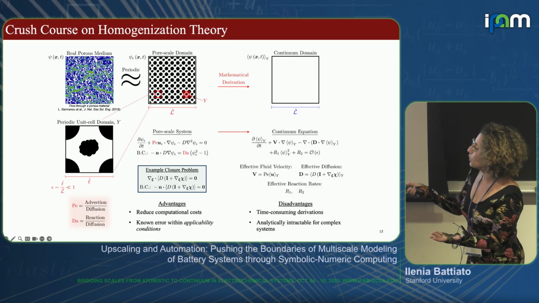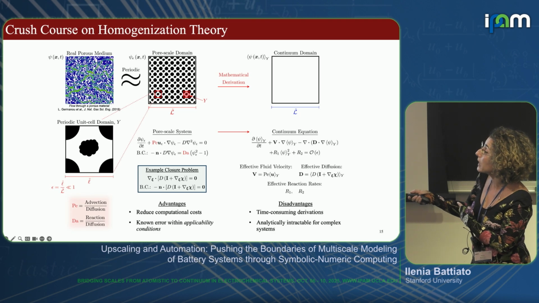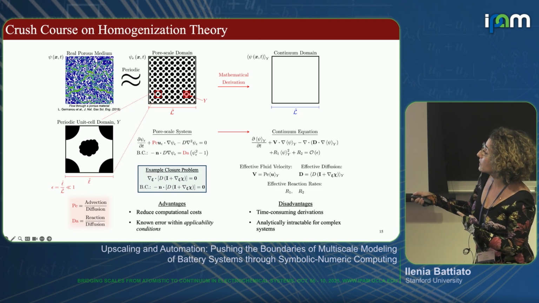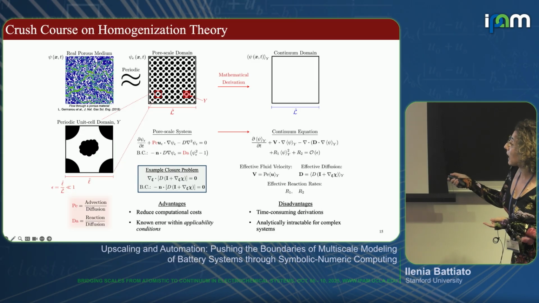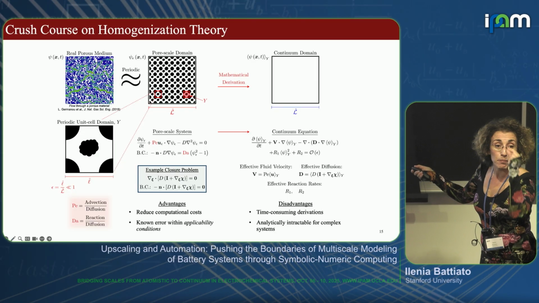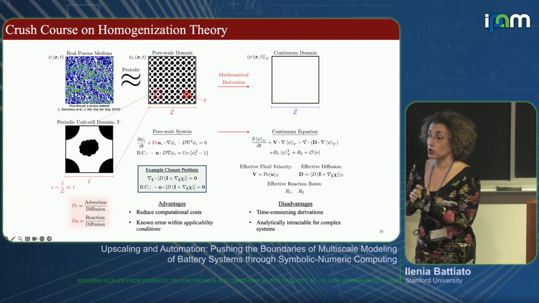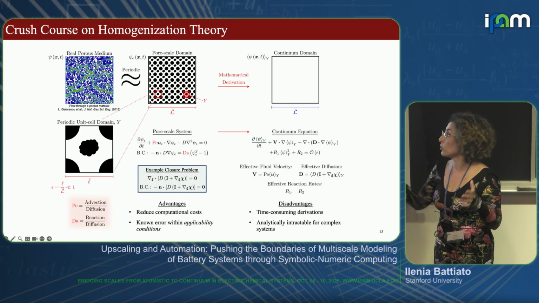So numerically, you start by solving the closure problem for the closure variable chi on this unit cell. Once you know the closure variable, you plug it in and calculate the effective parameters, then you plug those into your continuum scale equation, and then you can solve at the macroscopic scale, in your domain.